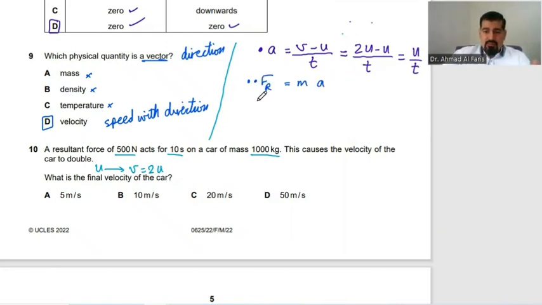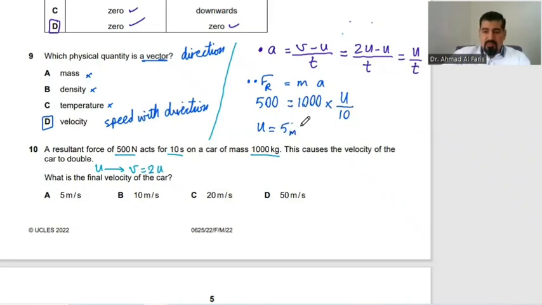The resultant force of 500 Newton is equal to the mass, which is 1,000 kilogram, multiplied by the acceleration, which is u divided by the time, which is 10 seconds. So the 0s cancel out, then divide by 100 on both sides to get u. So u will be 5.